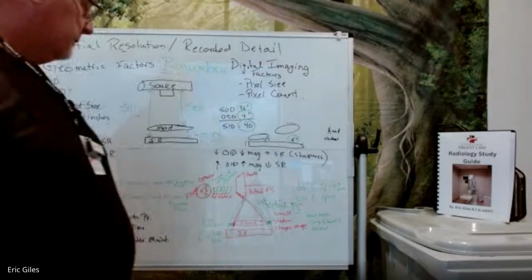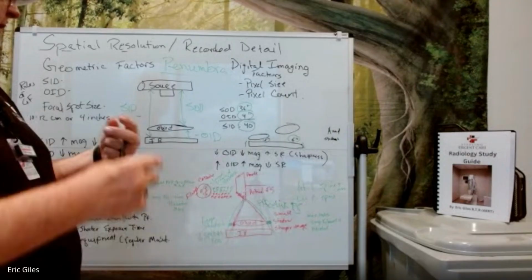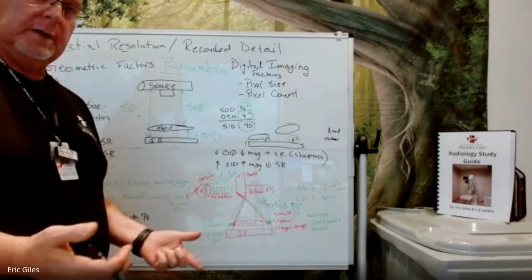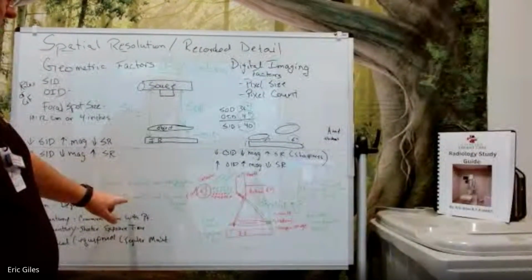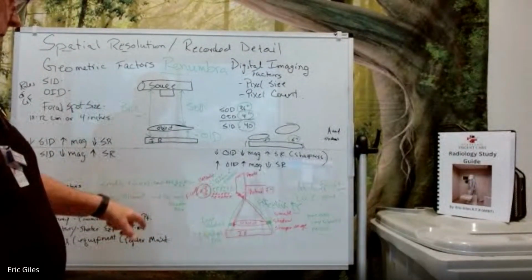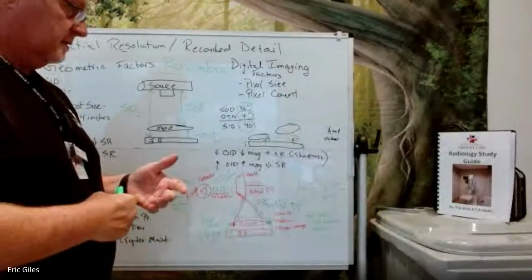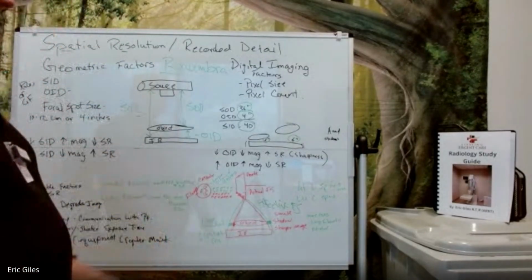So if we're using the small focal spot when we're supposed to, we're going to get greater spatial resolution, and we're also going to get less image blur or penumbra. If we're using a large filament, we're going to get the large focal spot, right? We're going to have more penumbra and less spatial resolution. Just get that into your mind and think about it, and it'll make sense to you.